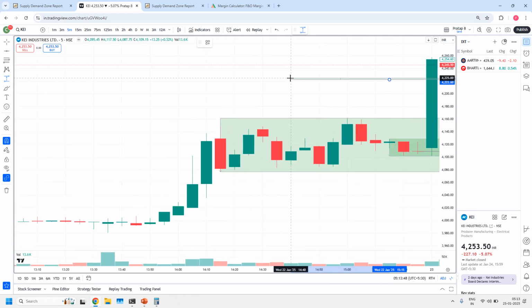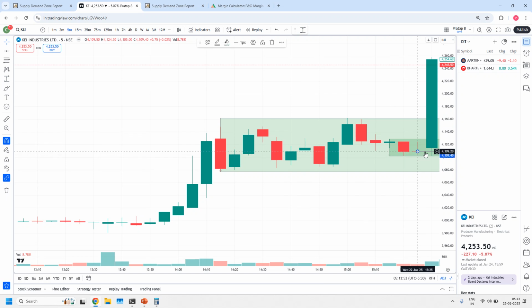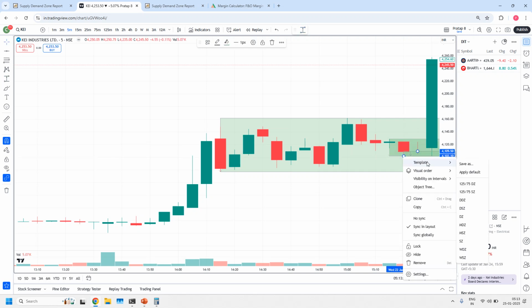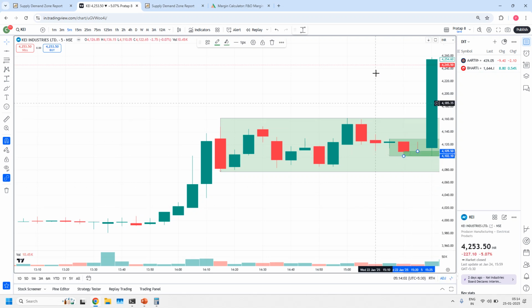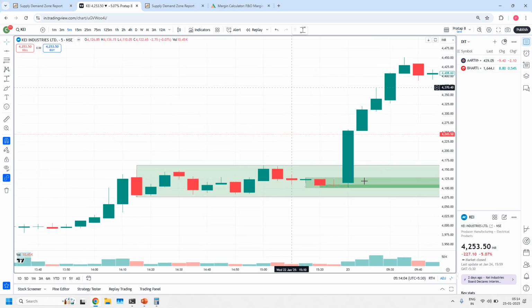Okay, this is how you draw the demand zone, fine-tuned zone. But if you feel risk is very small here, there are higher chances, taking a type 1 proximal entry trade and it will move.